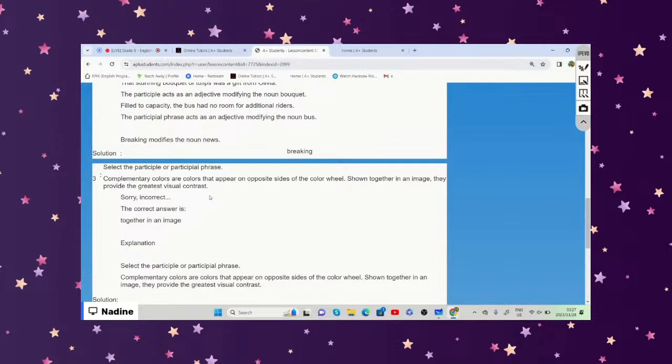So we need to select either the participle or the participle phrase.